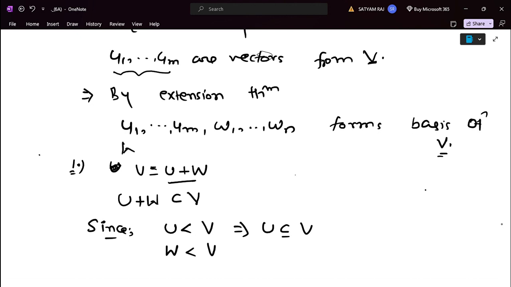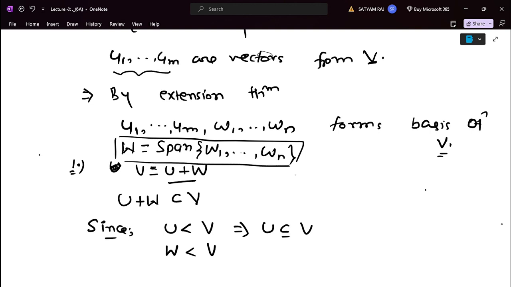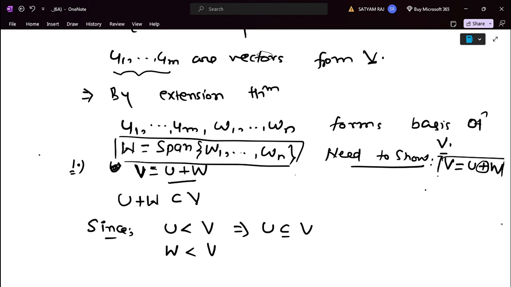Now actually we have W equal to the span of w1 dot dot wn. Okay, this is the W, and we need to show that V is the direct sum of U and W. W is the span of w1 to wn.